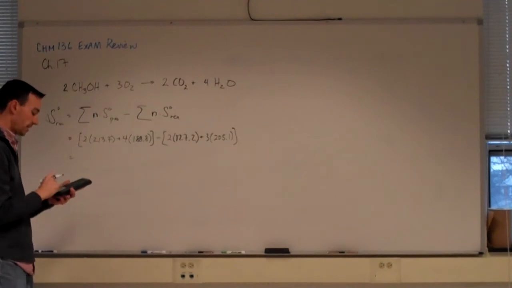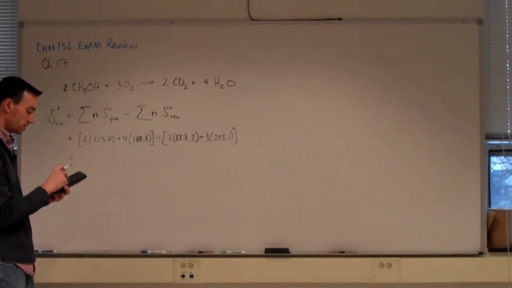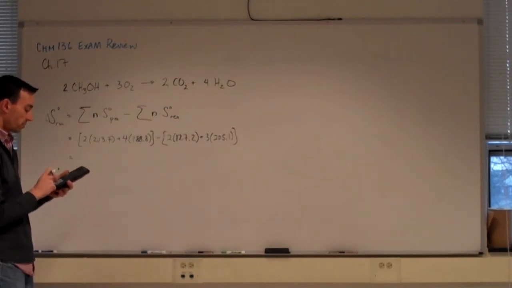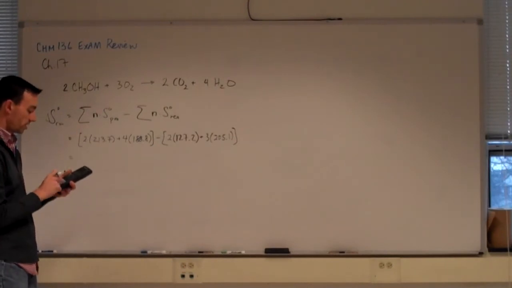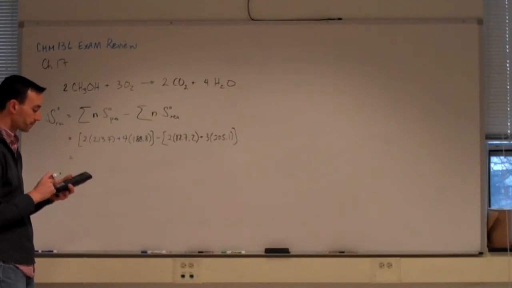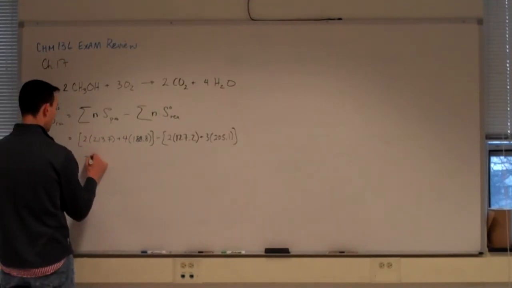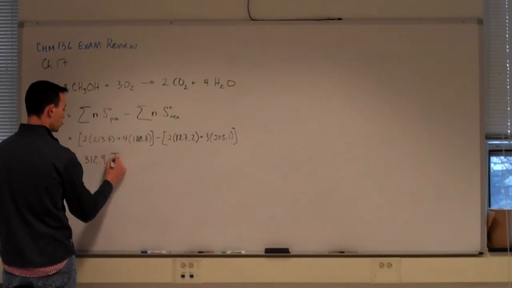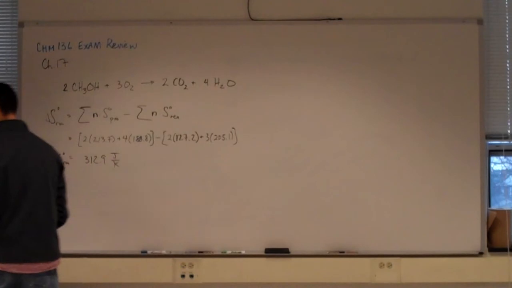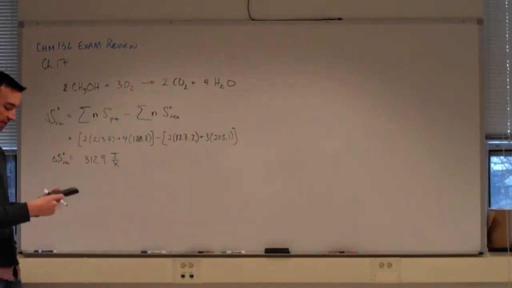So, quick calculation here. 2 times 213.7 plus 4 times 188.8, subtracting 2 times 127.2 and 3 times 205.1 leaves us with 312.9 joules per Kelvin as the standard entropy change for this reaction.